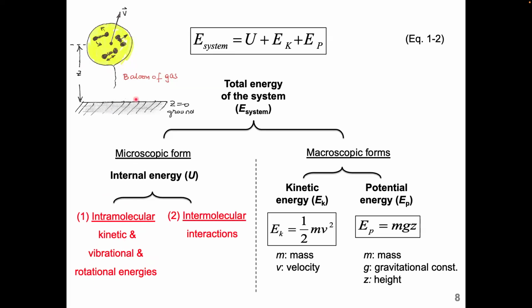And then you also have intermolecular interaction, meaning the interaction between this molecule and that molecule. This will depend on the temperature and pressure of the system. So your internal energy will depend on temperature and pressure, and we will give you more details in the next few lectures. Okay, and this is the microscopic form.